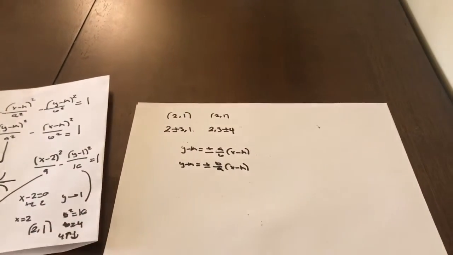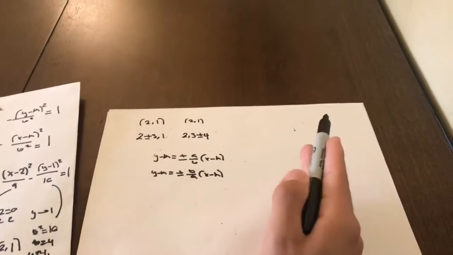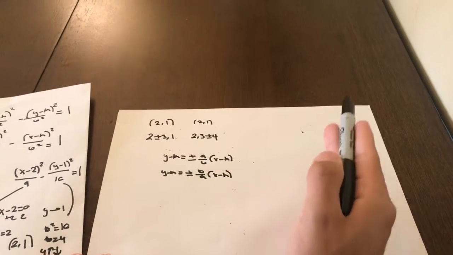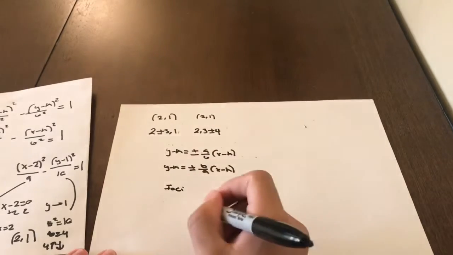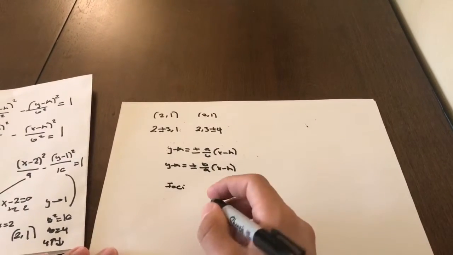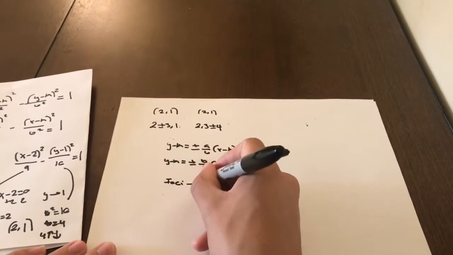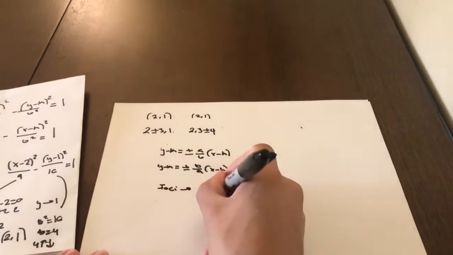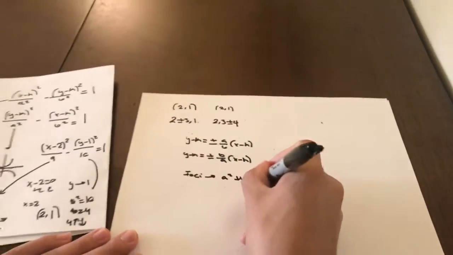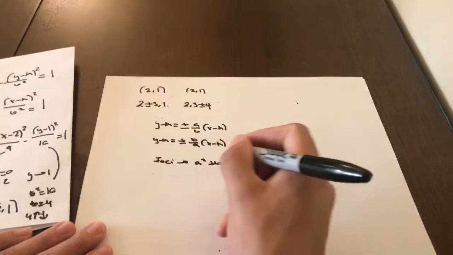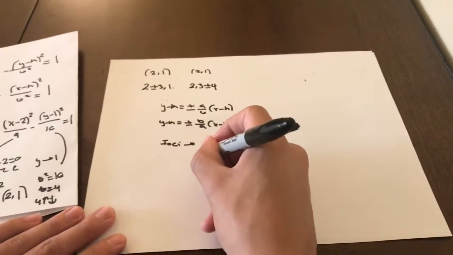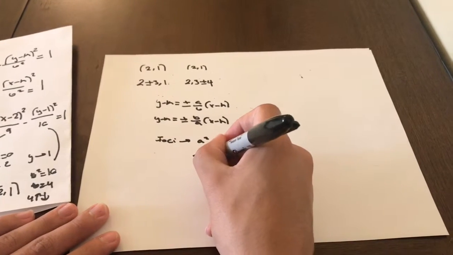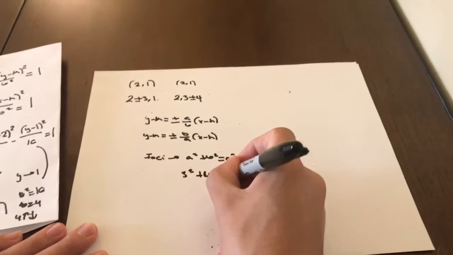So now you know how to find your vertices and your asymptotes. The only thing you have to do now is find your foci, which are those two set points that are equidistant from the center. The equation for foci is a squared plus b squared equals c squared. Looks familiar, right? Because that's your Pythagorean theorem. So use the information they give you. 3 squared plus 4 squared equals c squared.